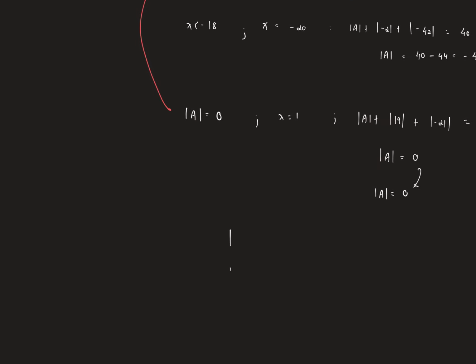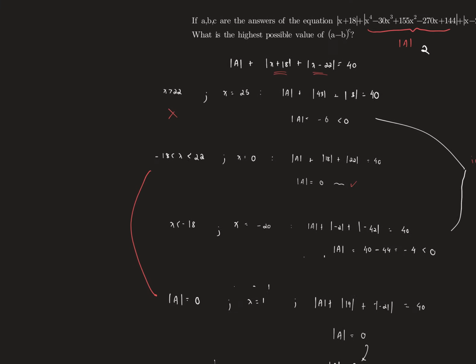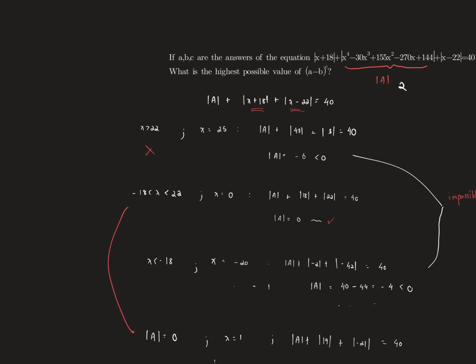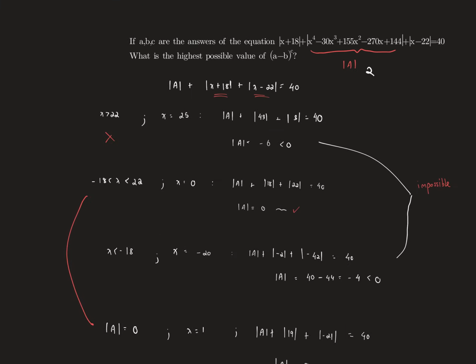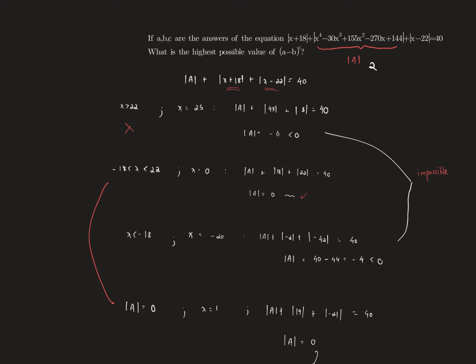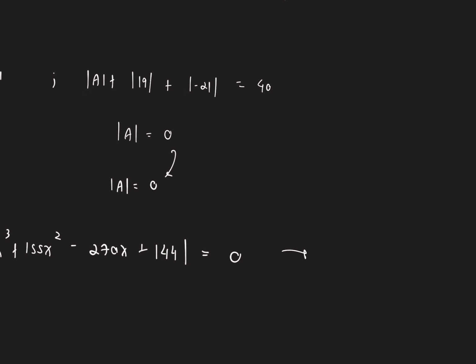So it means that absolute of x to the power of 4 minus 30x to the power of 3 plus 155x to the power of 2 minus 270x plus 144 must equal 0, but the x value must be between negative 18 and 22.